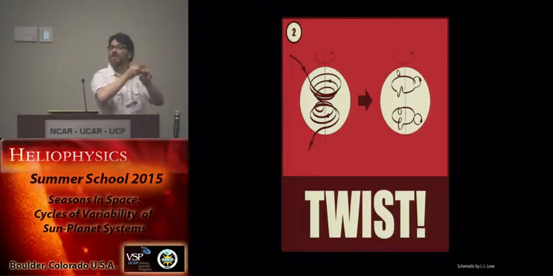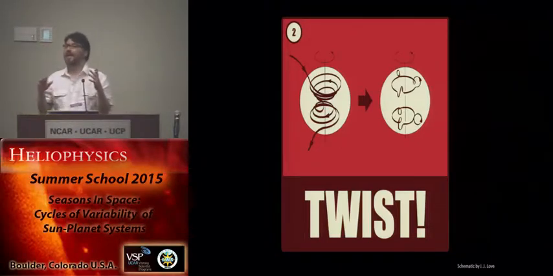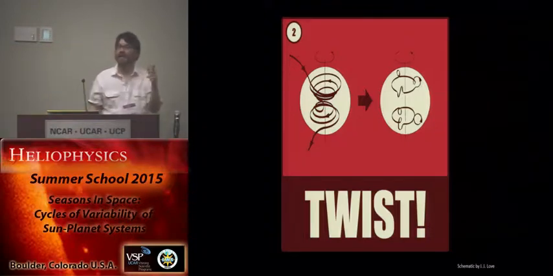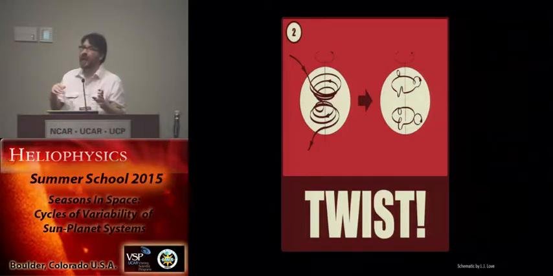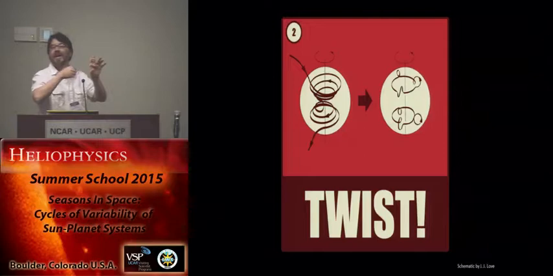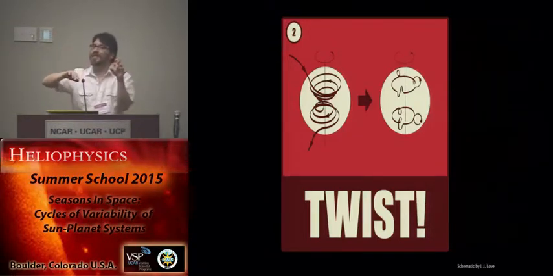Because a huge component of this twist has to do with the Coriolis force, right? I'm going to tell you what kind of mechanisms produce these twists. But one important thing I want you to realize is that the twist in one hemisphere is in one direction, and in the other hemisphere in the other direction.